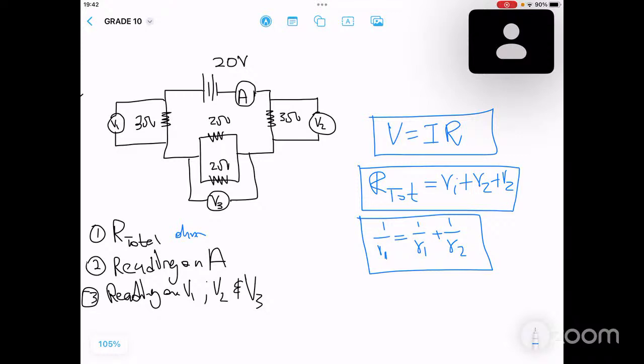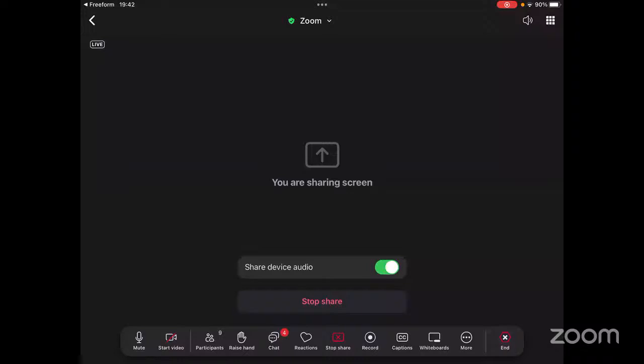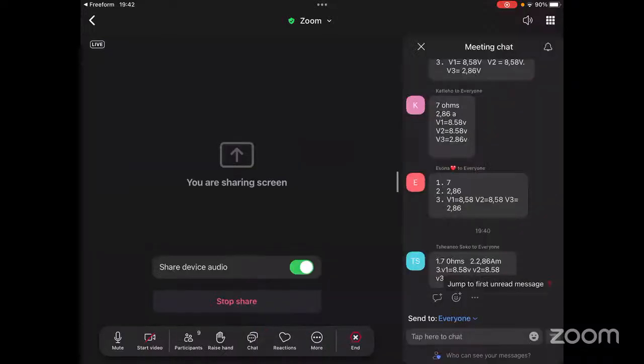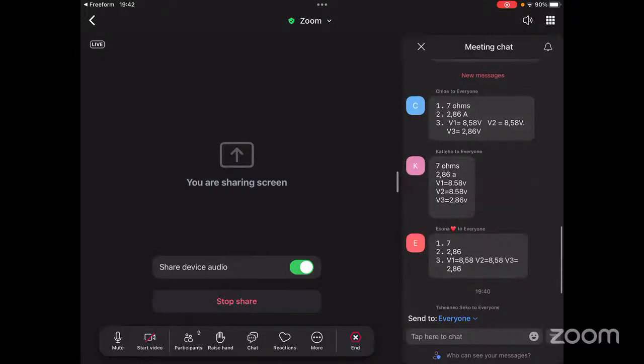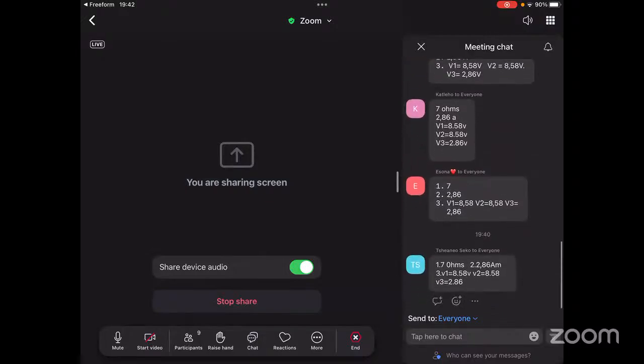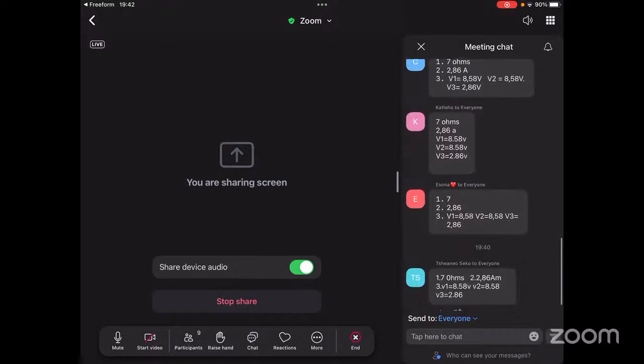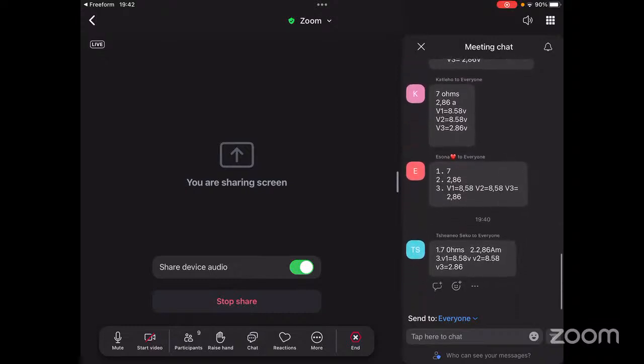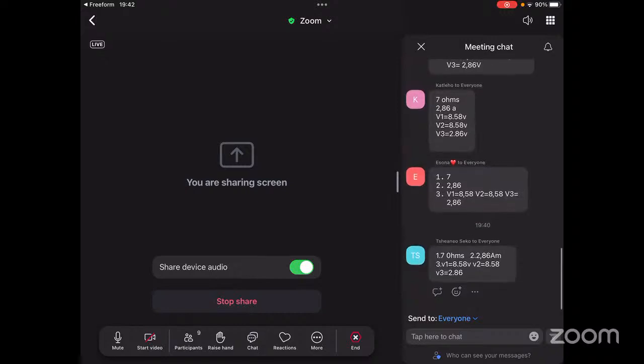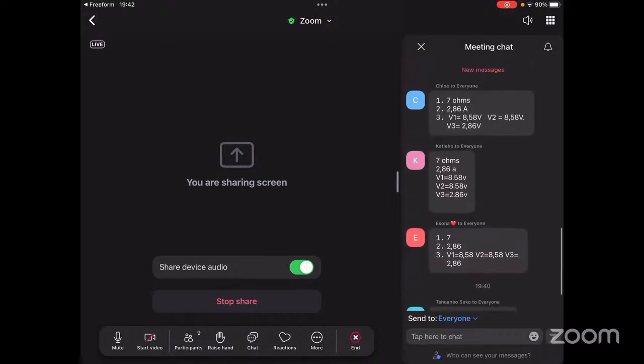Okay, guys, let us see what you are having. Most of you are getting 7 ohms as the first one, and then 2.86 amps.